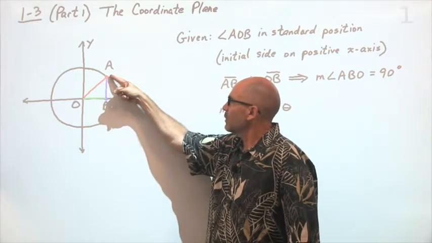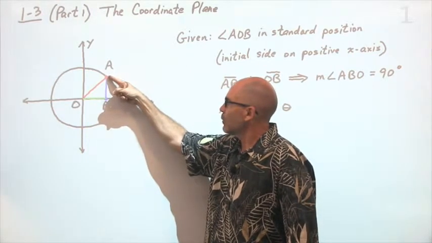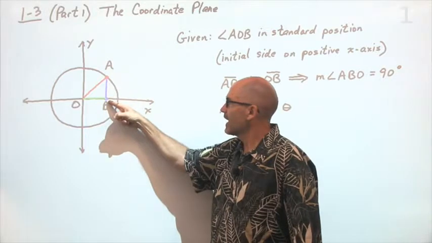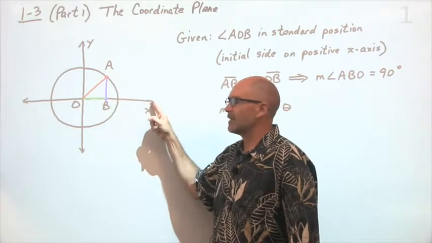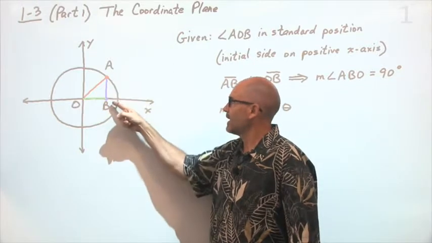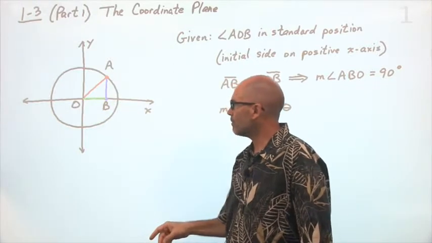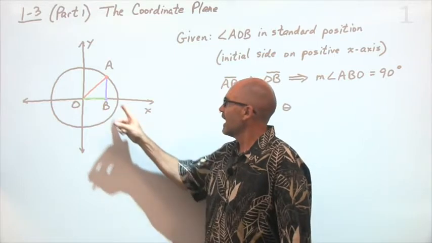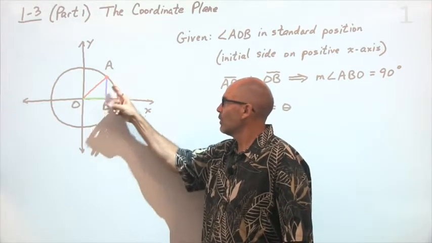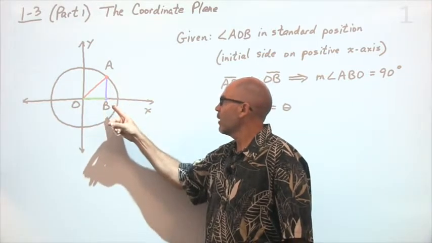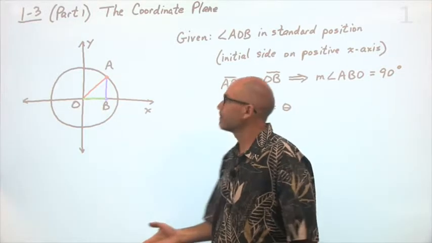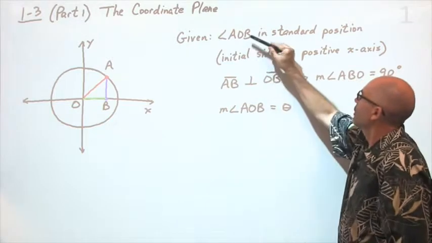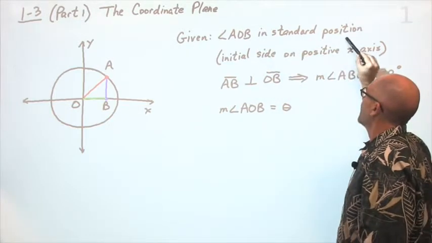Once we hit that point A, we drop a line segment down perpendicular to the x-axis, and that's segment AB. This gives us a right triangle OAB with the right angle at angle B. So angle AOB is in standard position.